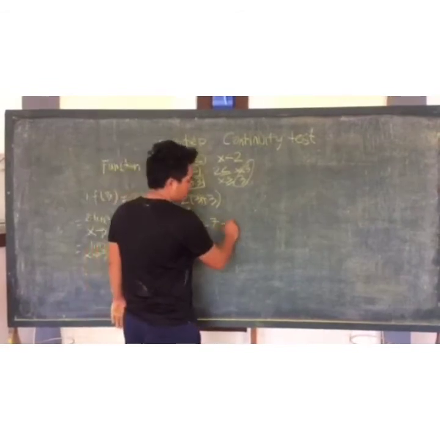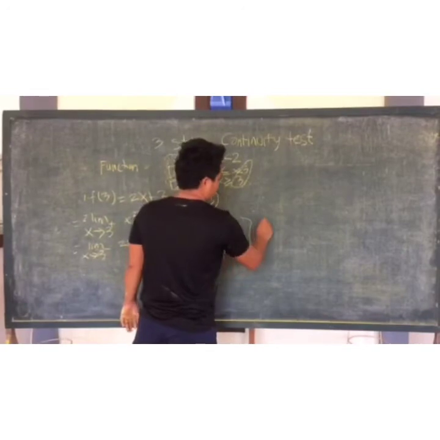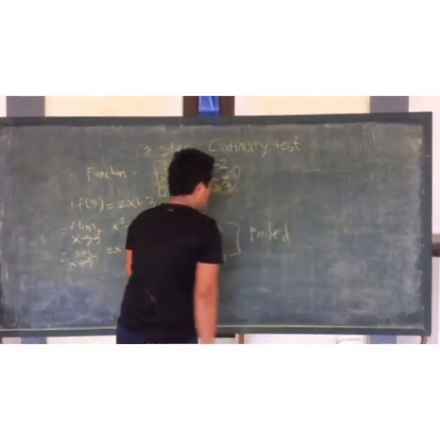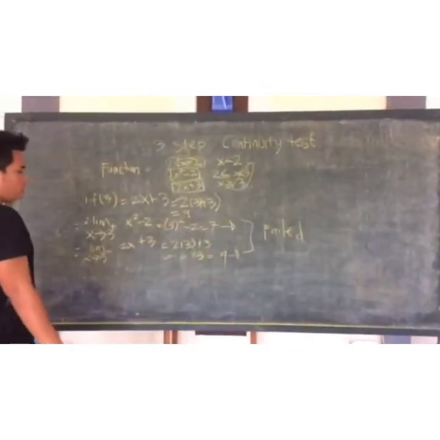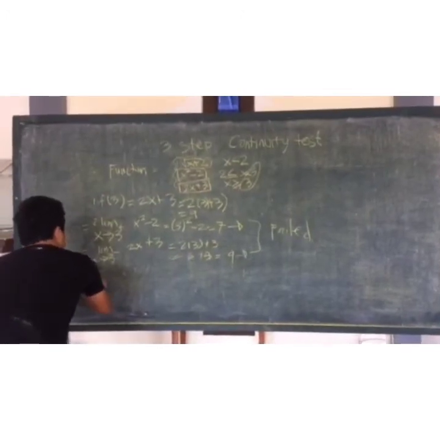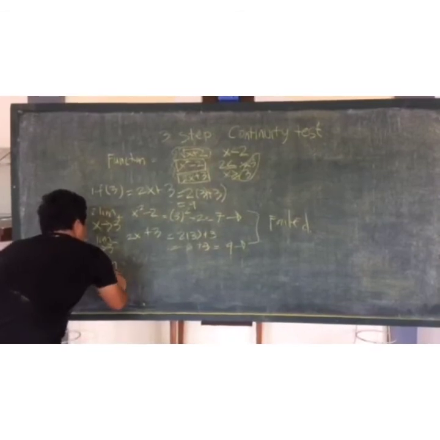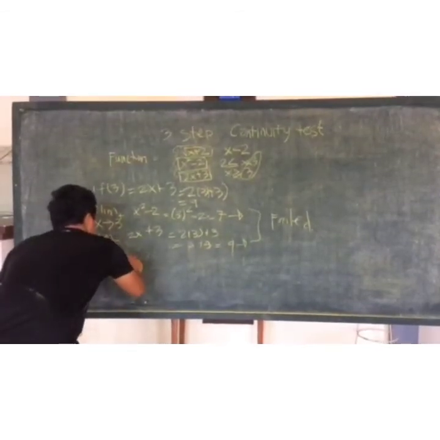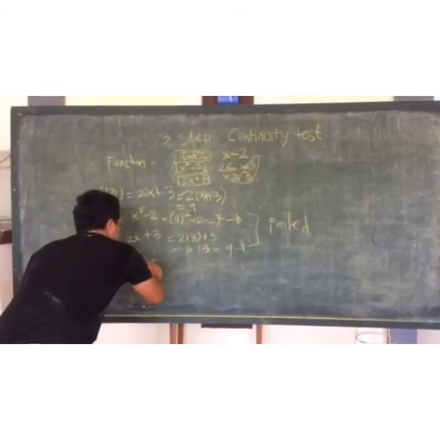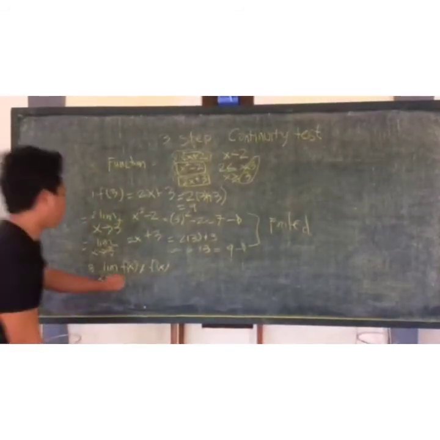As you can see, step 2 failed because the two numbers are not equal, so step 3 also fails. The limit of x approaches 3 of f of x is not equal to f of 3.